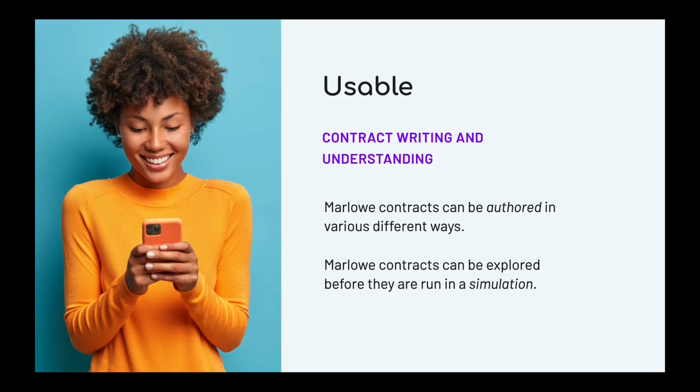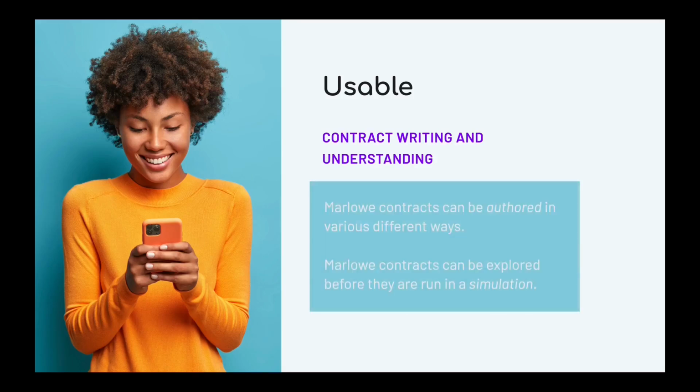And another way we promote usability is to allow people to explore interactively how contracts behave before they're actually run in a simulation. So let's talk about those now. Again, emphasizing these are another facet of assurance for the language.